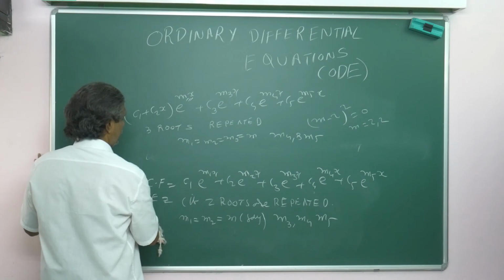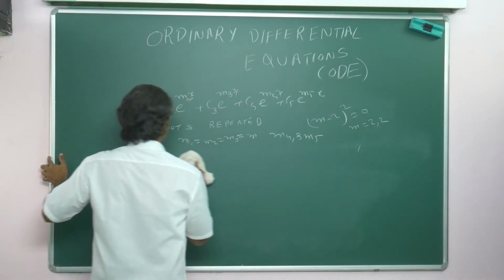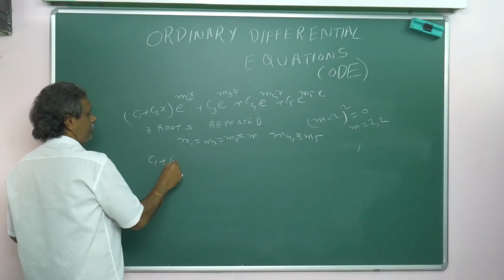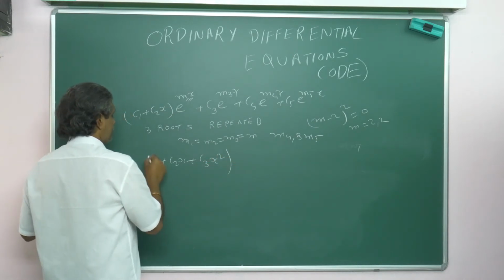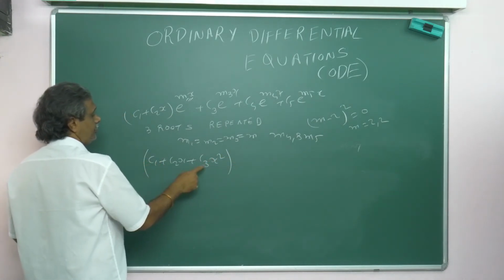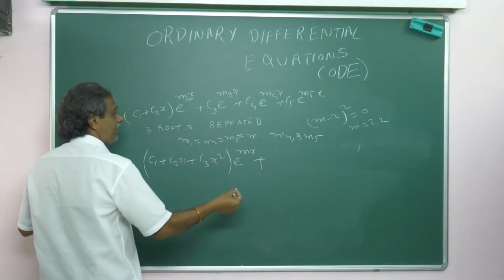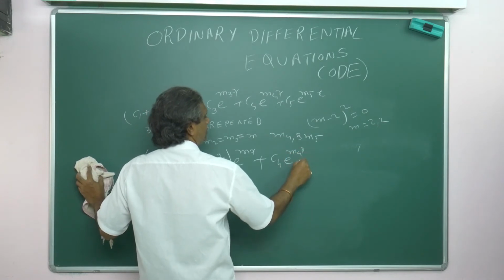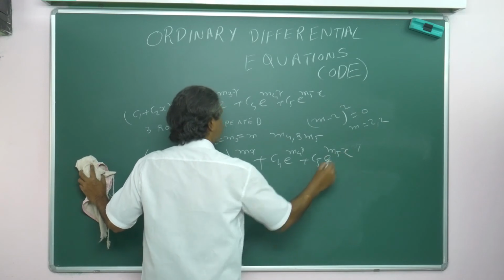Then how will you write CF? 3 roots means take C1, C2x, C3x square, up to x square, 3 constants, 1, 2, 3, then e to the power of mx, then the remaining C4 e to the power of m4x, C5 e to the power of m5x.